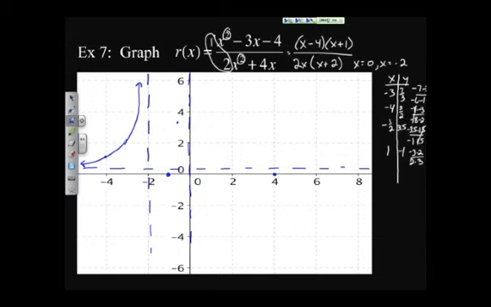So we can see what's happening. It's up here, and it's going down there. And then our other point, -1 would be about right here. So this one, again, is coming through these points, getting close to that horizontal line. As it gets close to the asymptote, it's got to go either up or down, and so this one's going to have to go down.